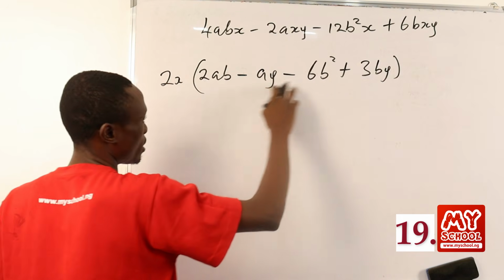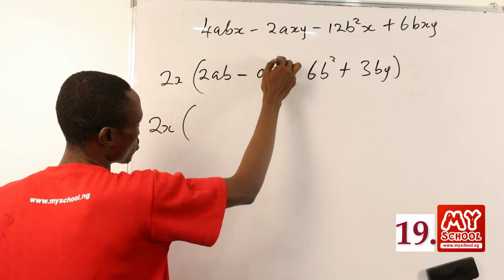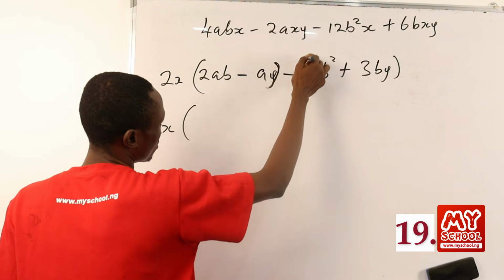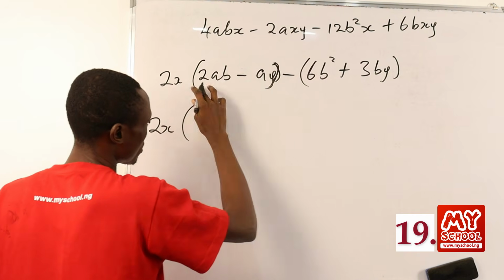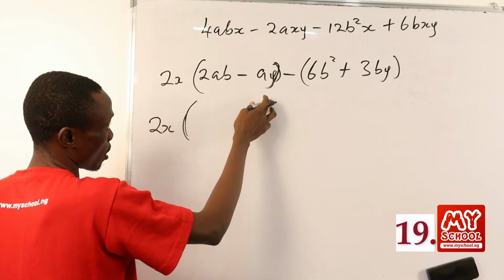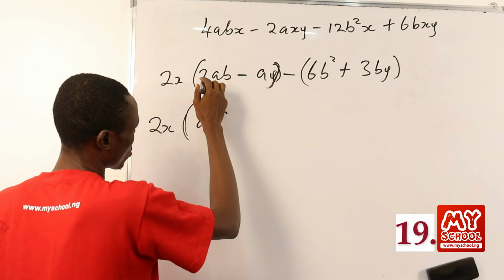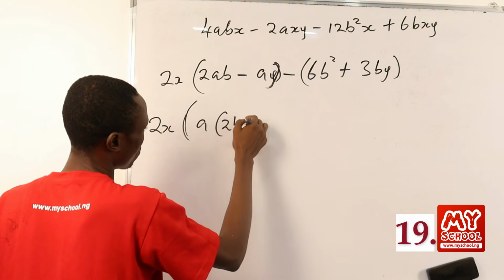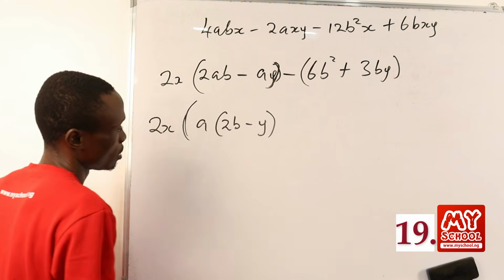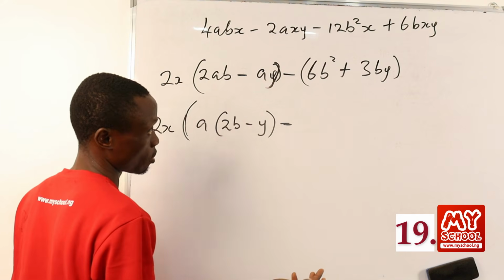Then we can now factorize this. So let's write out this one outside first. If we factorize these two, we can group them and put them in brackets. If we factorize these two, here something is common, which is a. So we can bring out a, so that we'll be having 2b minus y left here. Then our minus. Then if you check here carefully, something is also common, right?